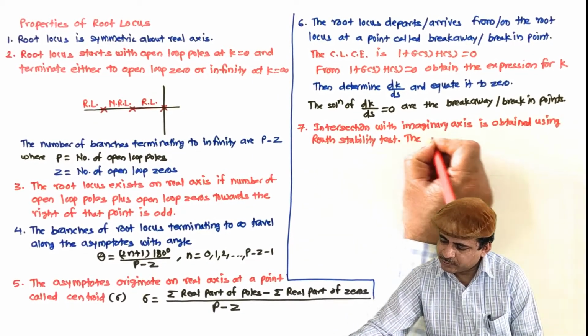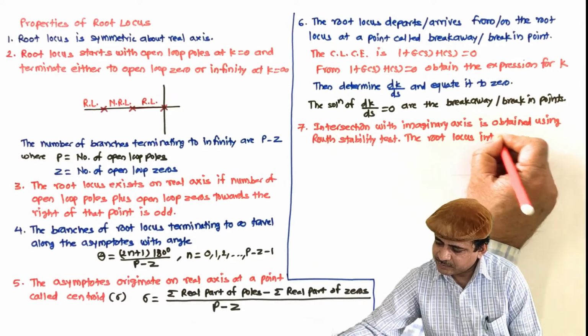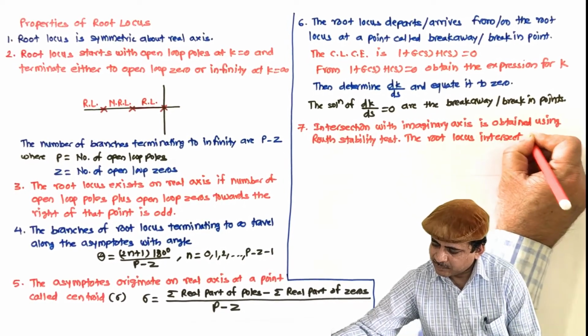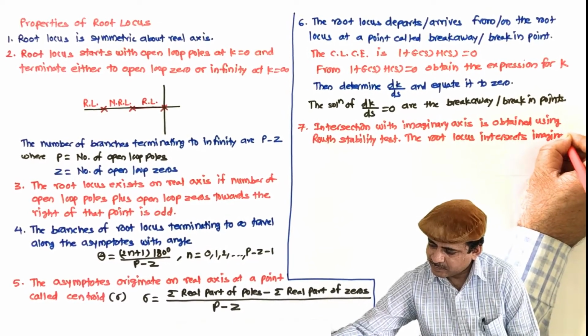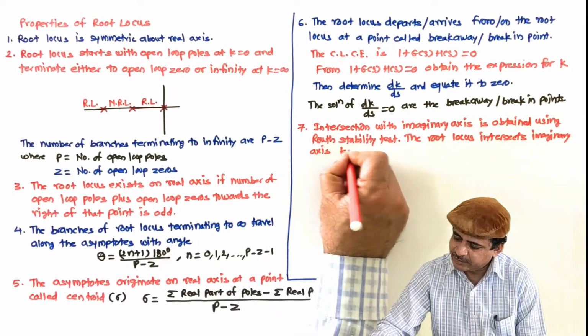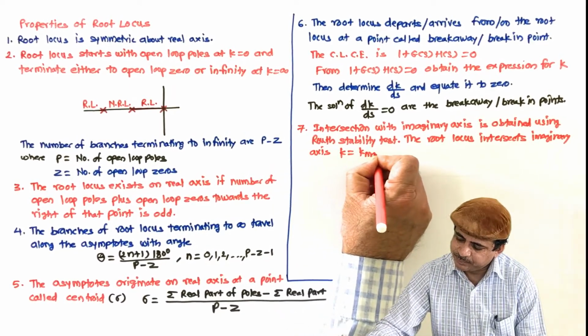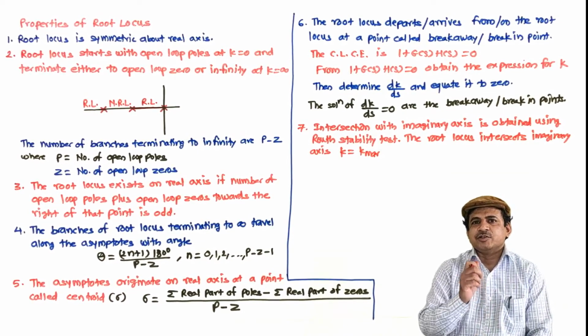The root locus intersects the imaginary axis at K equal to K marginal, and that point of intersection is nothing but the frequency of oscillations.